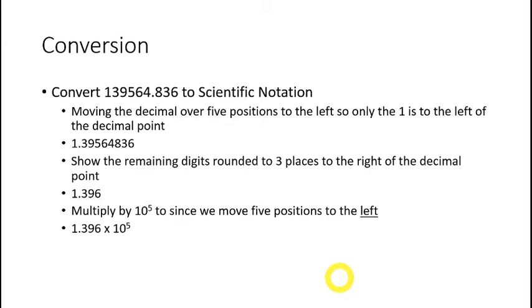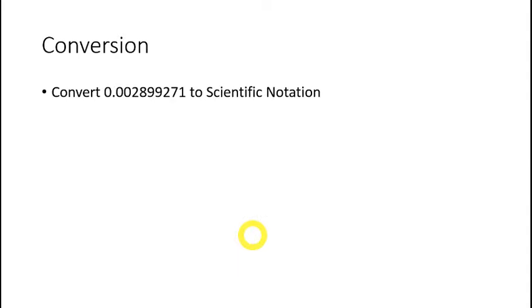So if we multiply this by our 10 to the 5th power, that is a scientific notated number rounded to 3 digits that represents this decimal number right here. Okay, let's look at another one. This is going in the opposite direction, and it's the same example that we had in engineering notation, but we're going to use it for scientific notation now.